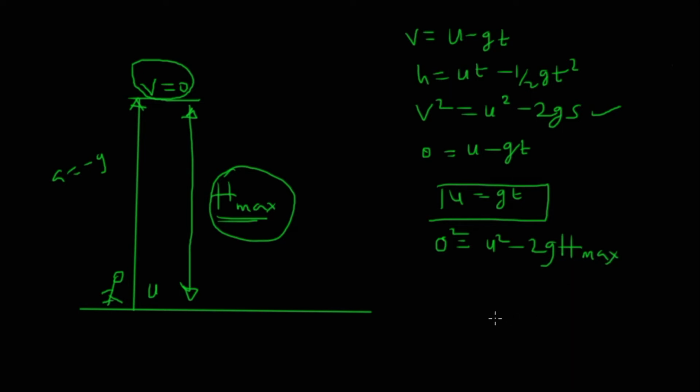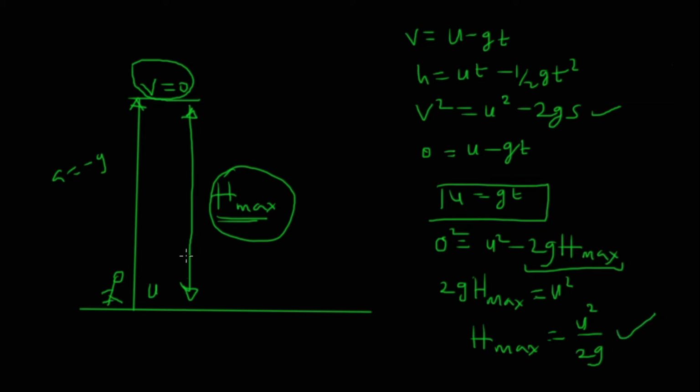Then we can take this to the other side of the equation to have 2g h max equal to u squared, so that h max is equal to u squared upon 2g. So this is the formula to find the maximum height of an object that is thrown vertically upwards.